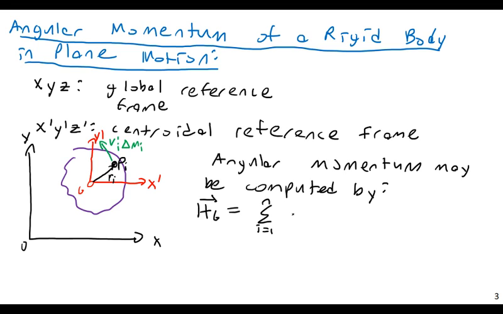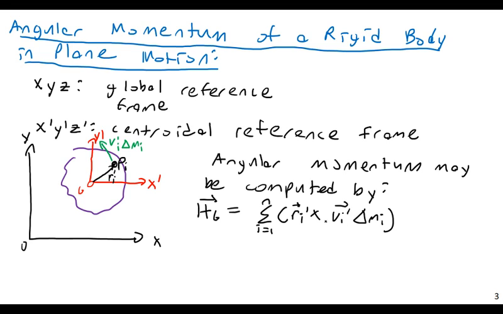Now, in reality, you tend to use some sort of integration, not literally adding up all the particles, but in summation form, it would be r prime i, sorry, that should be r prime i, because it's the radius about the centroid rather than just the radius from the origin here. So r prime i crossed into v prime i delta mi.